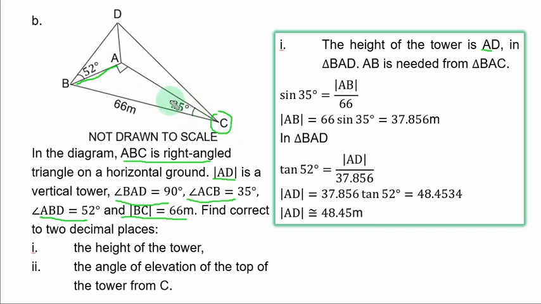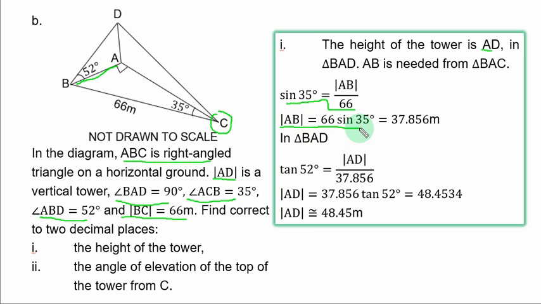So with 35 and 66, you get AB. Use sine. So sine 35 degrees is equal to AB, opposite, over hypotenuse 66. To get AB, if you clear the fraction, you have AB equal to 66 times sine 35 degrees.